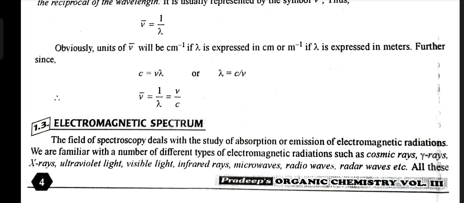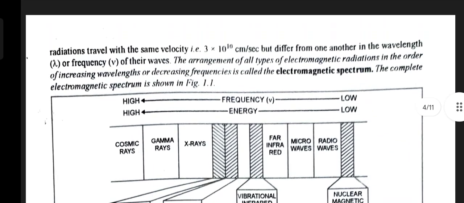The field of spectroscopy deals with the study of absorption or emission of electromagnetic radiations. We are familiar with a number of different types of electromagnetic radiations such as cosmic rays, gamma rays, X-rays, ultraviolet light, visible light, infrared rays, microwaves, radio waves, radar waves, etc. All these radiations travel with the same velocity, that is 3 × 10^10 centimeter per second, but differ from one another in the wavelength or frequency of their waves.